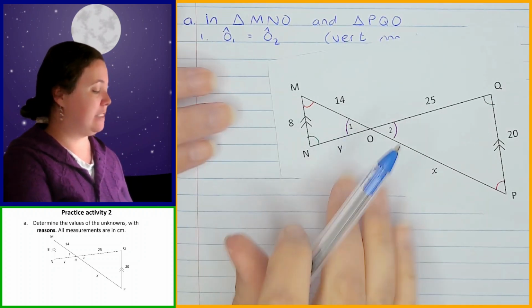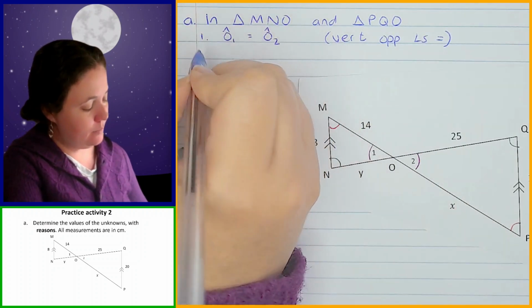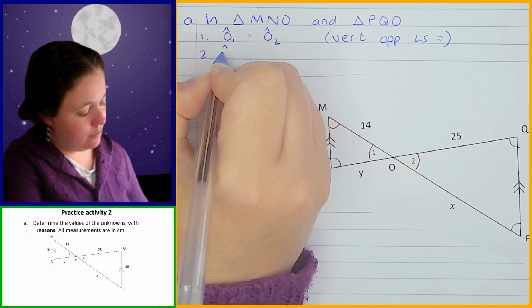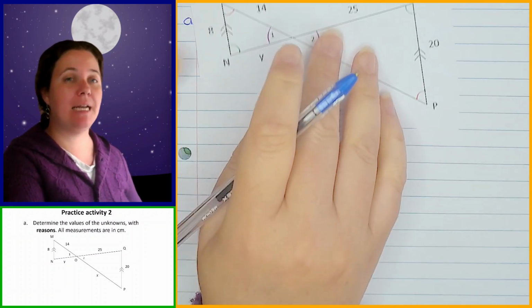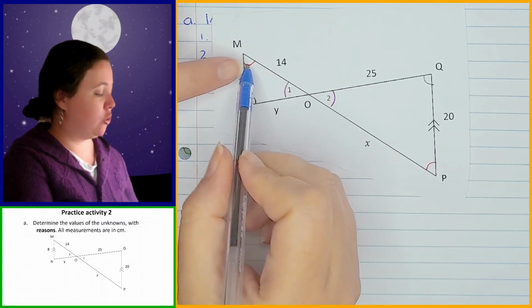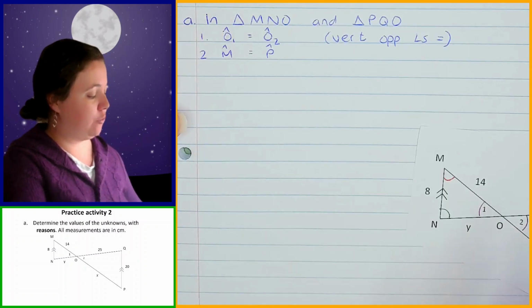Next, I can go and say that angle M is equal to angle P, and the reason I know that they are equal is because they are alternate angles with MN parallel to PQ.